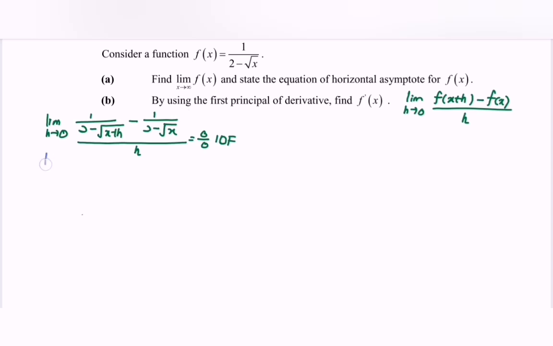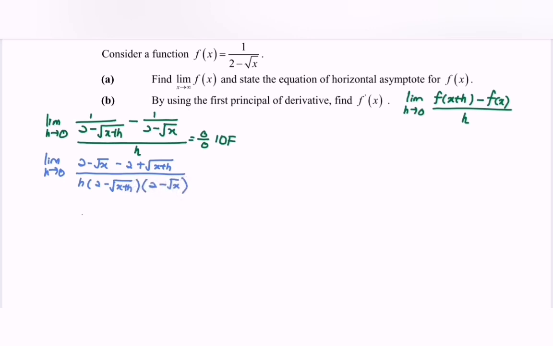So next, limit when h approaches 0, kindly equate the denominator. So here we have 2 minus √x minus 2 plus the square root of x plus h, over h multiplied with 2 minus the square root of x plus h, multiplied with 2 minus √x.